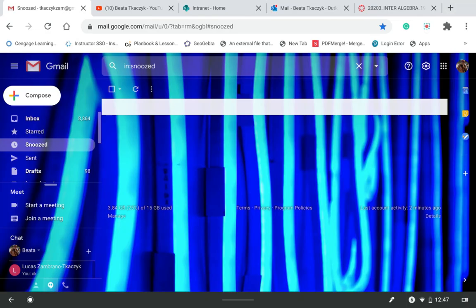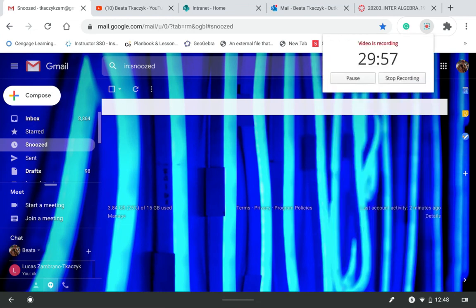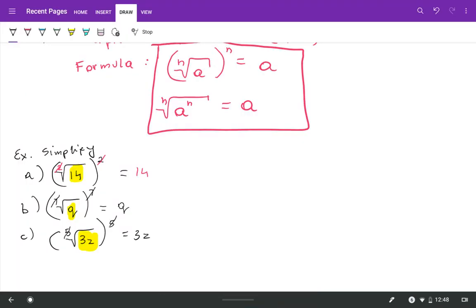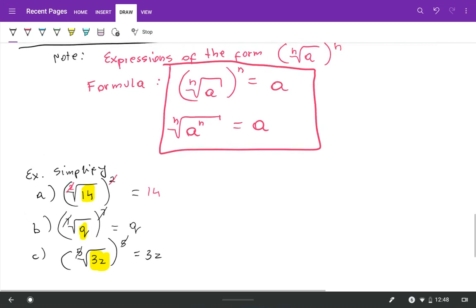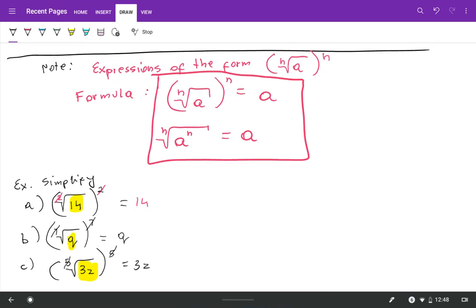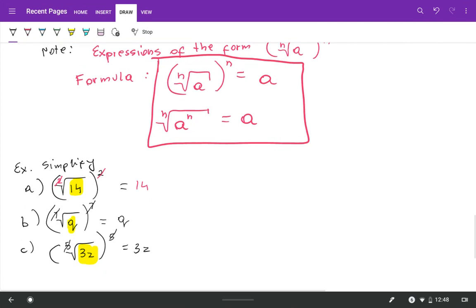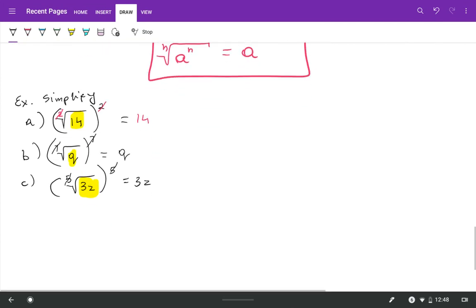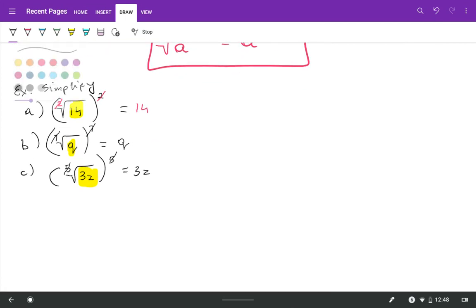We'll continue in a second. Okay, so this formula, the radical of index n of a to the power of n, is very easy. It's always associated with the radical. Next one.